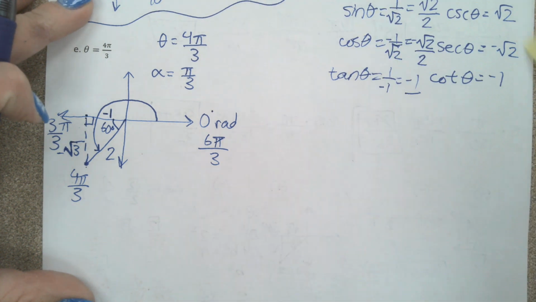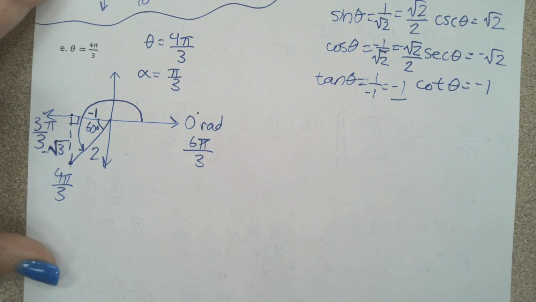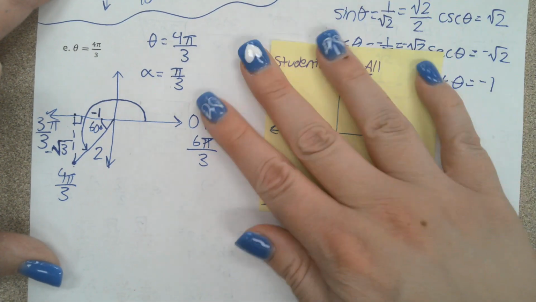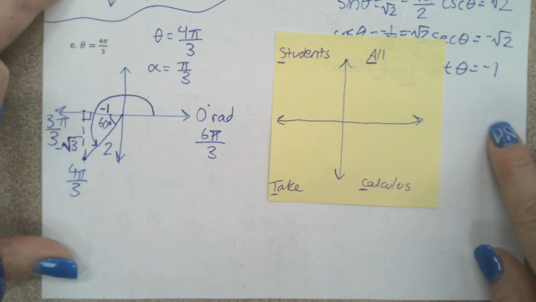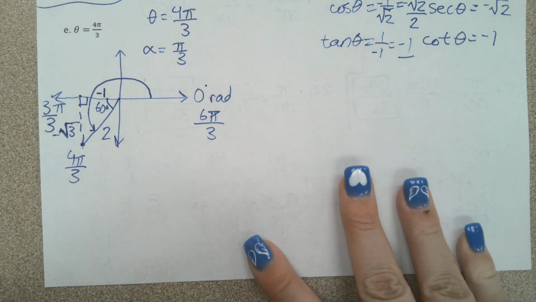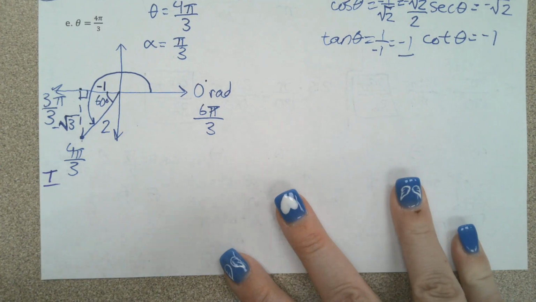Thinking about our signs here, we are in the third quadrant. All students take calculus. The T for take is tangent. So when we do our calculations, T needs to be positive. So you need to remember that. I'm going to write that down to hopefully remind me to do that before I'm done.